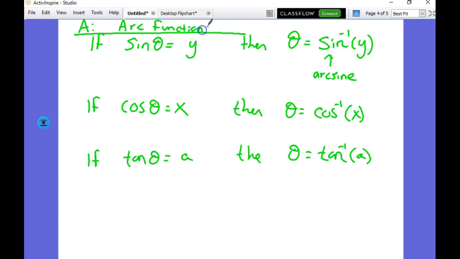I didn't write the name for all of them, but I can now. This is known as arc sine, and this is known as arc tangent. Now you'll notice that I didn't do arc secant and arc cosecant. They're there, you can do those, but I'm not covering them.